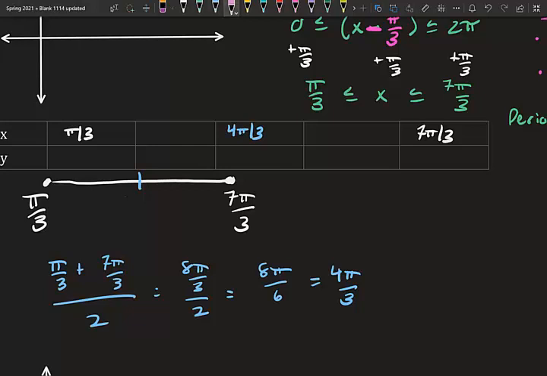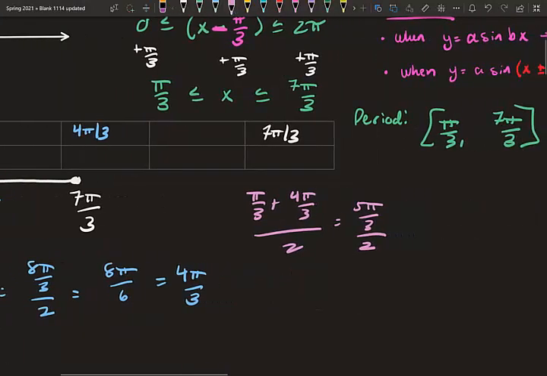Now let's find our first quarter point. Our first quarter point is in between pi over 3 and 4 pi over 3. So we have pi over 3 plus 4 pi over 3, divided by 2. That's 5 pi over 3 divided by 2, which is 5 pi over 6.